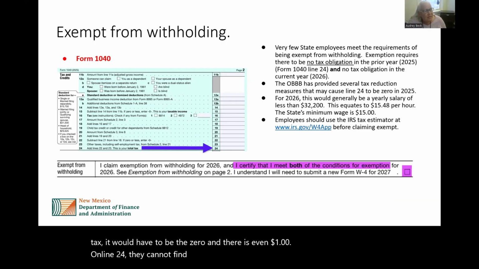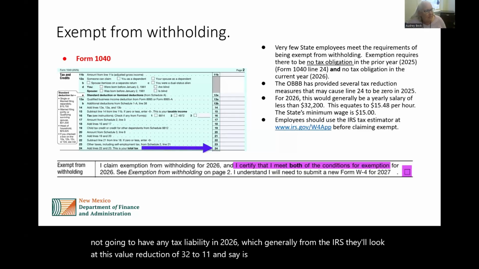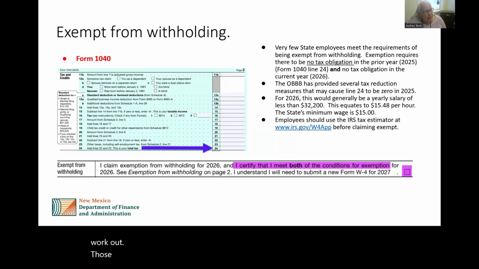Additionally, they have to indicate that they are not going to have any tax liability in 2026, which generally, from the IRS, they'll look at the standard deduction of $32,200 and say, is your income higher than this? If your income is higher than this, then there's a special worksheet that they can work out where those deductions, that yellow box, would come into play.